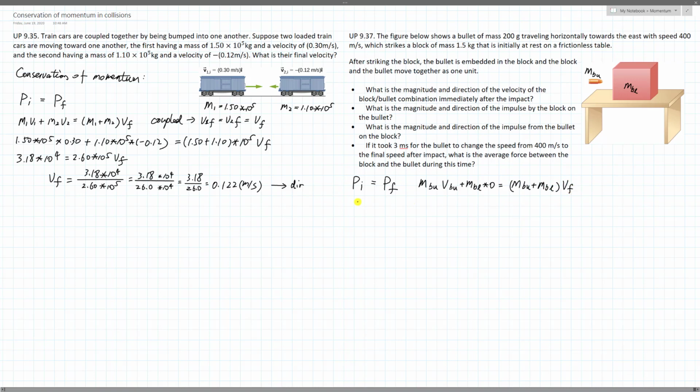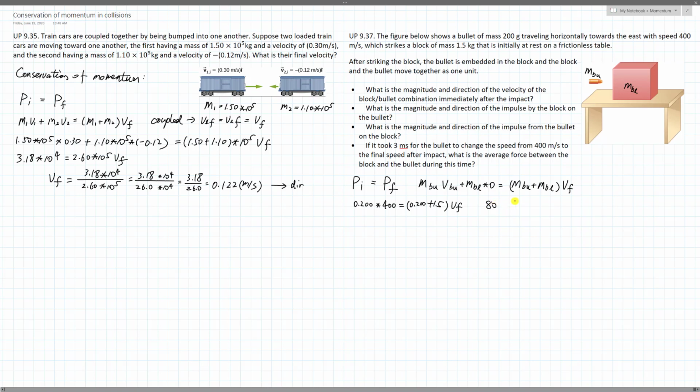So let's plug in the numbers. The bullet is 0.200, so 200 grams in kilograms, and the speed is 400. That's equal to, add them together, 0.2 plus 1.5, so 1.7 kilograms times V final. Or we can say here, move that decimal place 2 times, move this 2 times, so 20 times 4, right, it's 80.